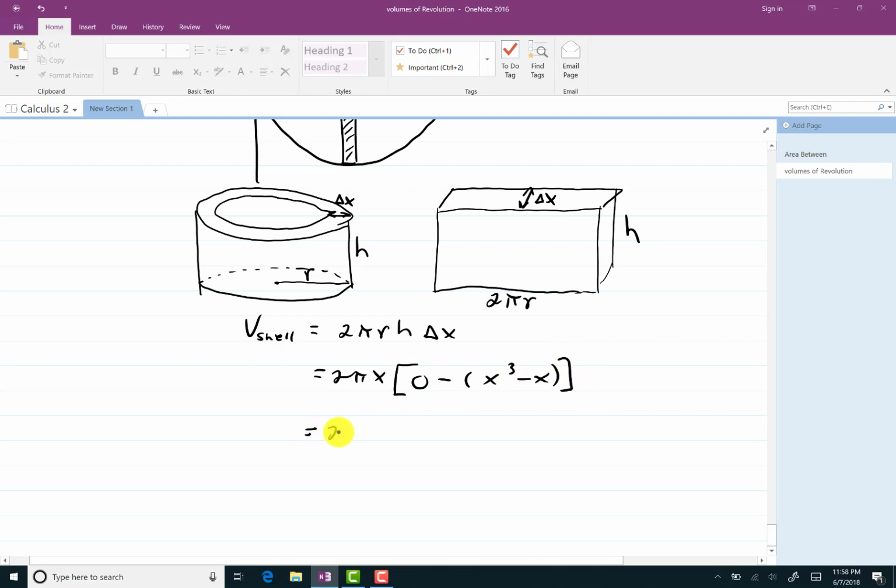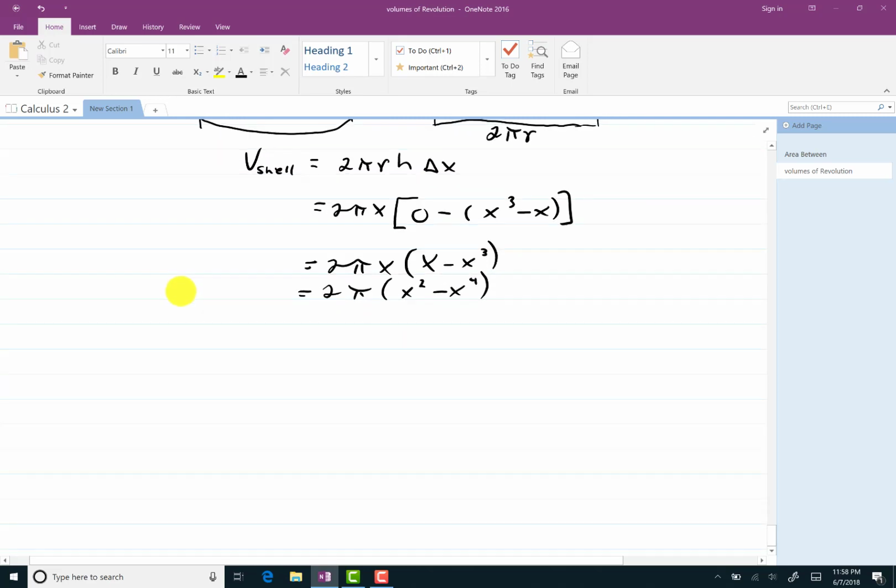This equals 2 pi x times, I'll simplify a little bit in here, x minus x cubed, which equals 2 pi times x squared minus x to the fourth. The only reason I'm doing that is because it'll make the integral easier. And then all these have a delta x attached to them. Apparently I'm still struggling with this.